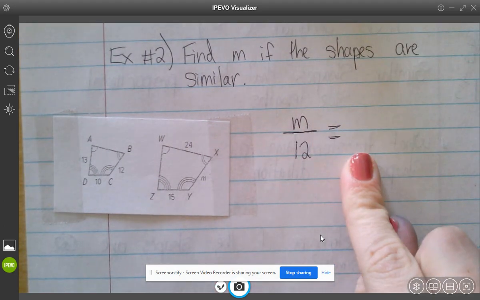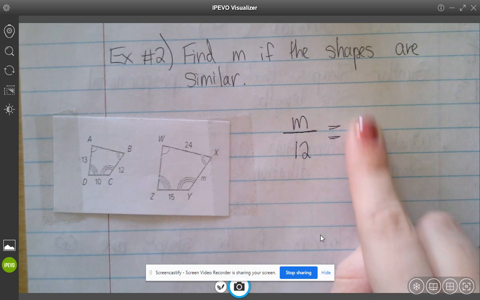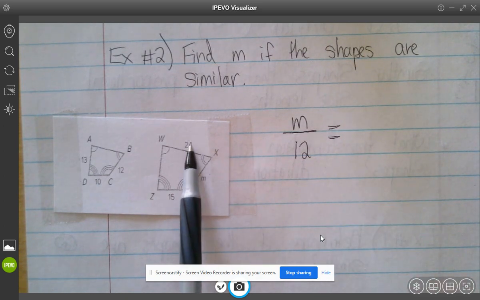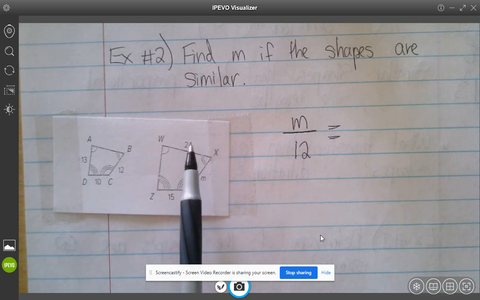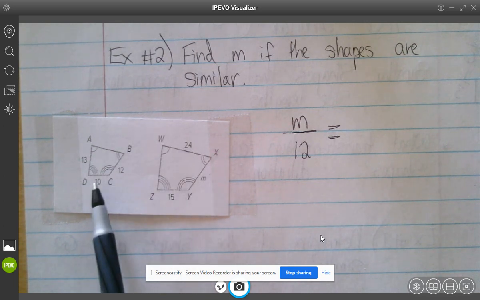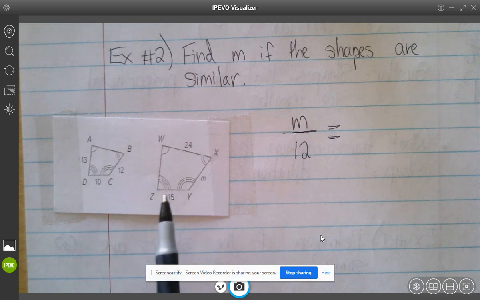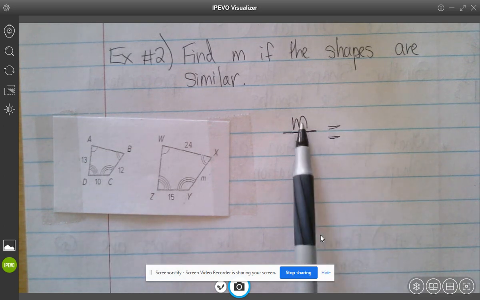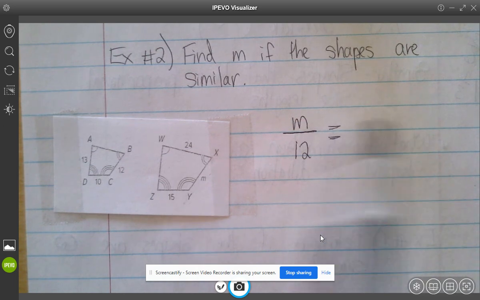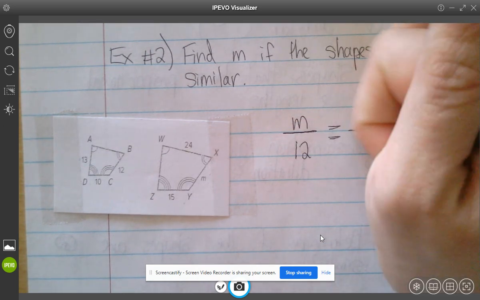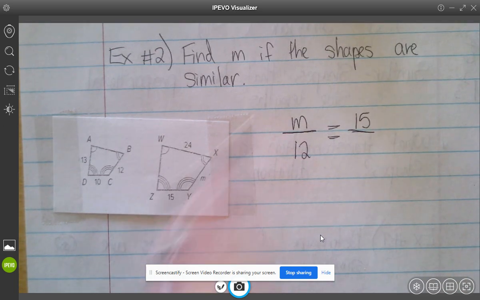Then this fraction has got to be a full fraction. I've got to know both side lengths. So if we look at 24, we don't know what AB is, so 24 we can't use. But we can use 10 and 15 on the bottom here. But which one goes on top? M's from the bigger shape, so you need a number from the bigger shape on top here. So 15 would have to go on top. And then 10 would go on the bottom.